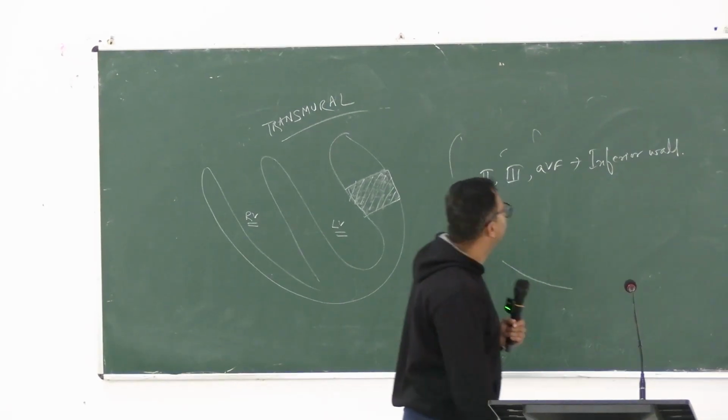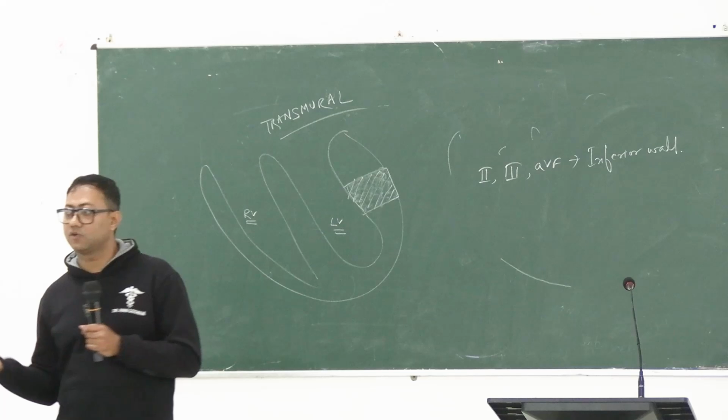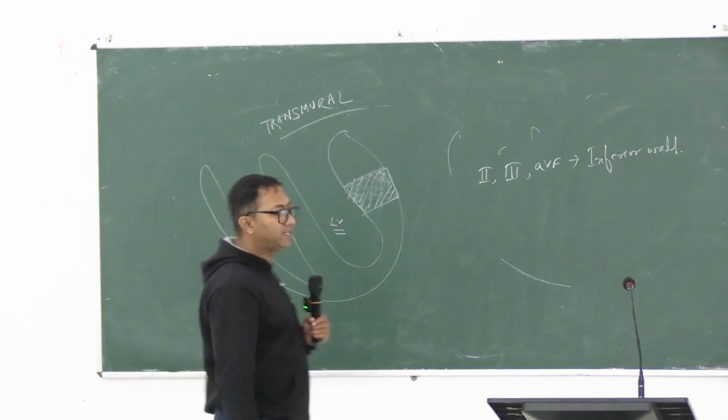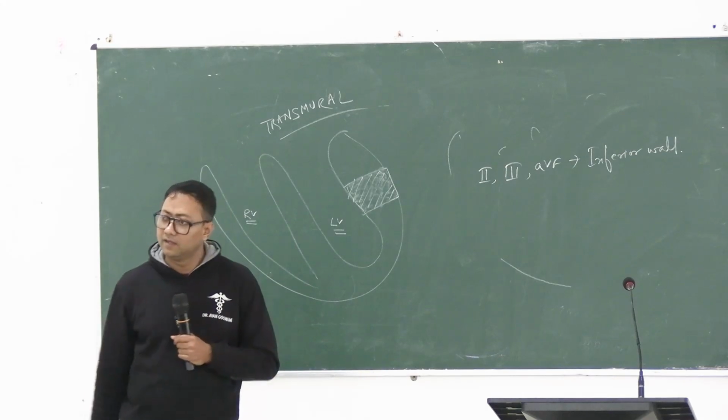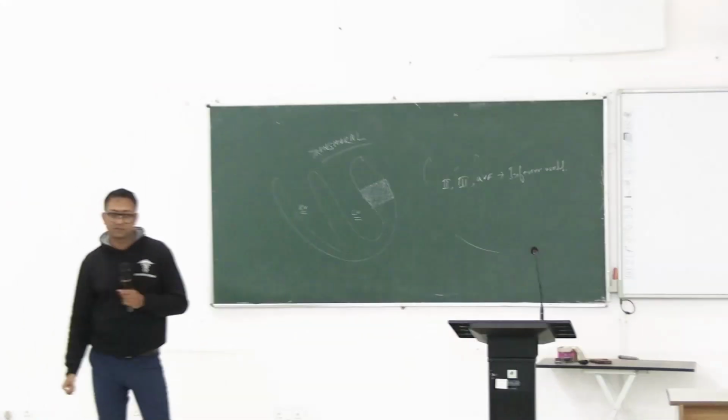Inferior wall of heart. If you see changes, that means ST segment elevation or ST segment depression in lead 2, 3, AVF, it denotes the inferior wall of heart. Okay. Why inferior wall of heart? Why 2, 3, AVF, inferior wall of heart?